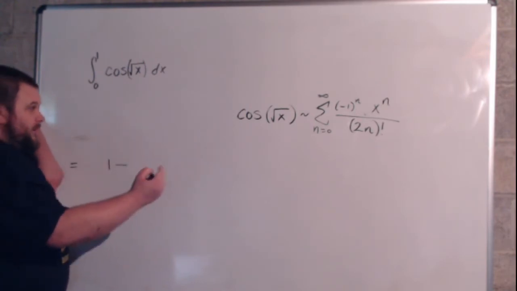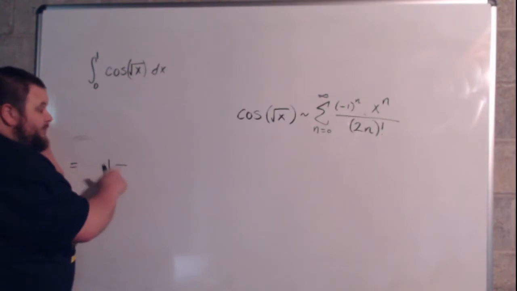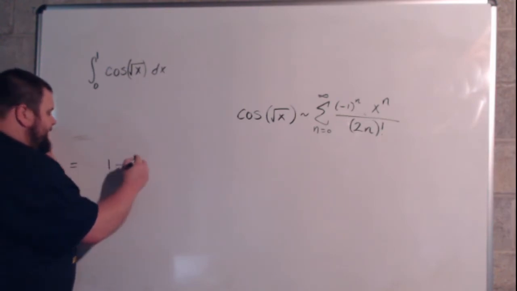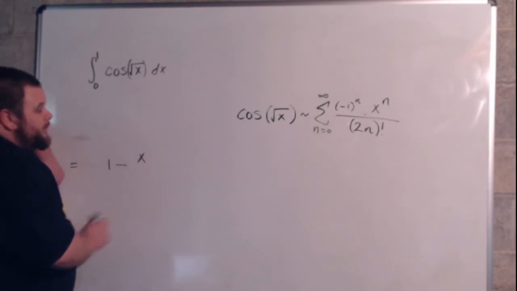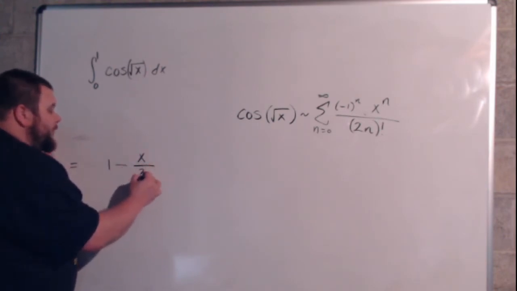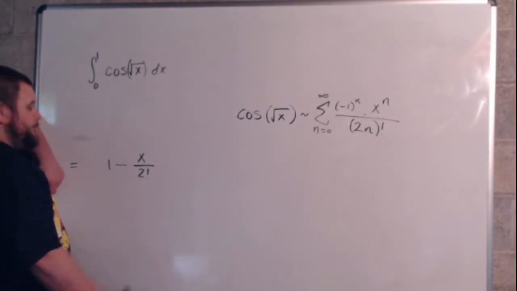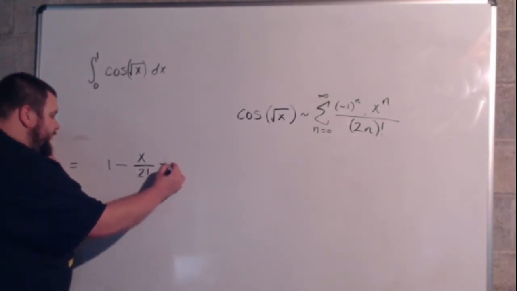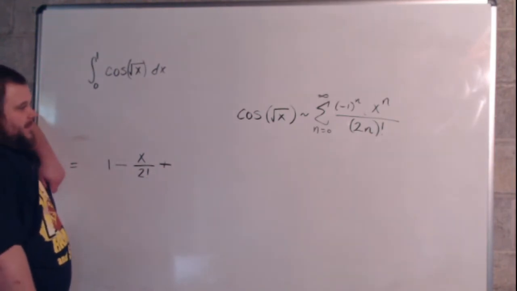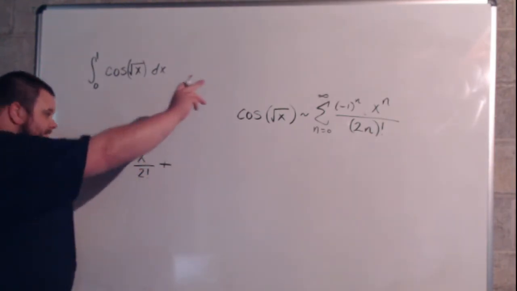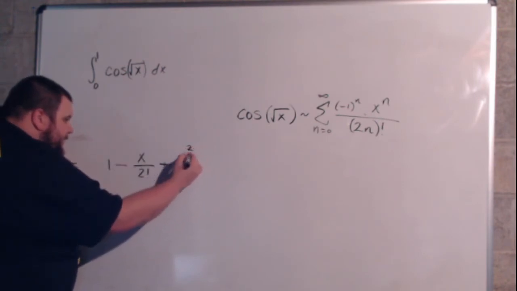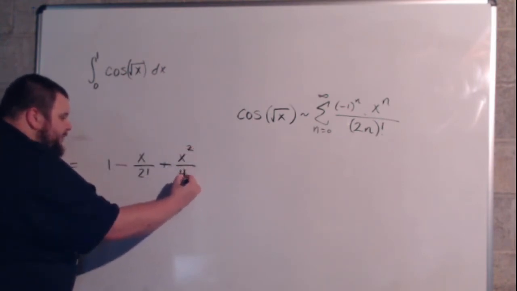Plugging in n equal 1, I still get a negative, then I get x to the first power over 2 factorial. Then if I plug in n equal 2, I get plus, because it's negative 1 squared, x to the second power, divided by 4 factorial.